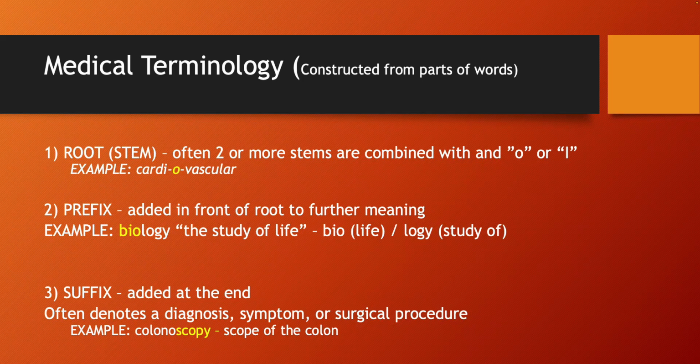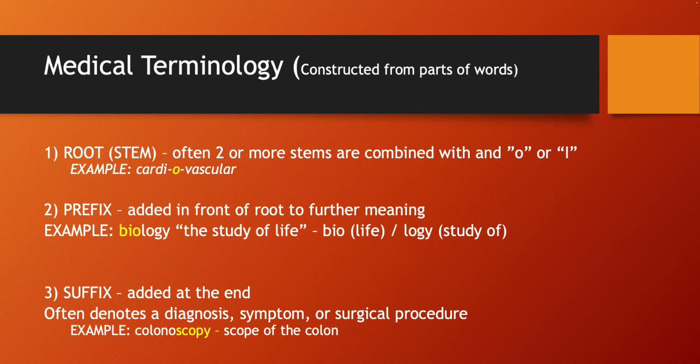All right. A prefix is added in the front of the root to further the meaning. Prefix, think of pre, before. Example would be biology, the study of life. Bio means life, and ology means study of. Then we have the suffix. This is at the end. This usually denotes a diagnosis, a symptom, or a surgical procedure.